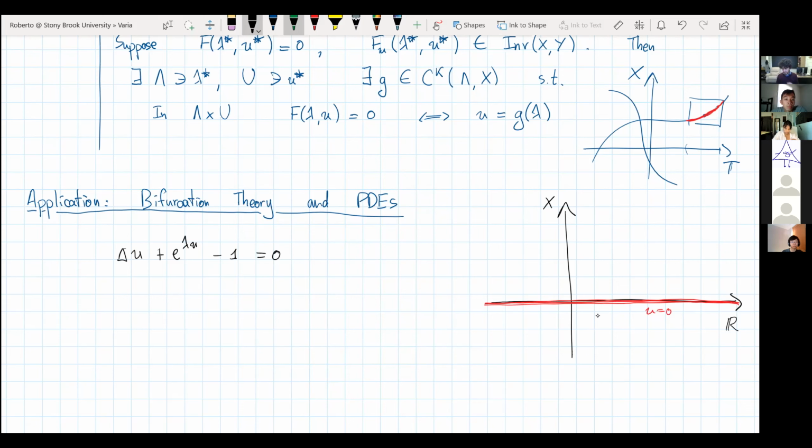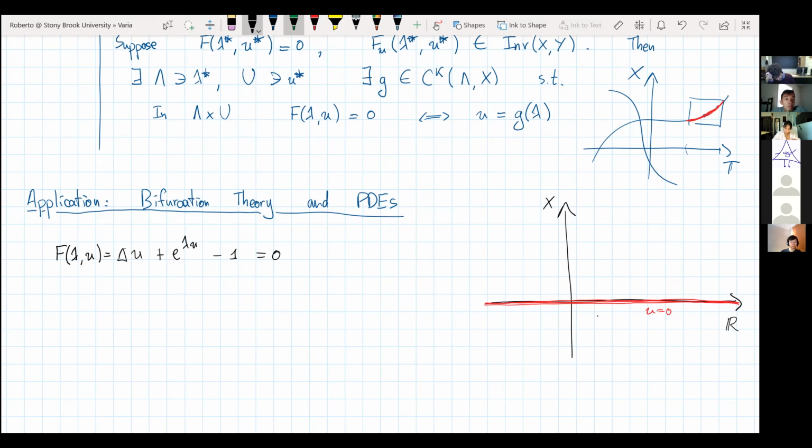Now, what is the implicit function theorem telling us? As I said, we can look at this equation as the zero set of f of lambda, u, equal to this functional. So we can now try to apply the implicit function theorem to this f of lambda, u.